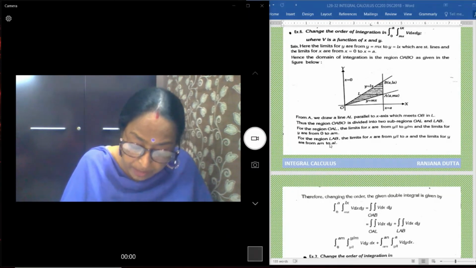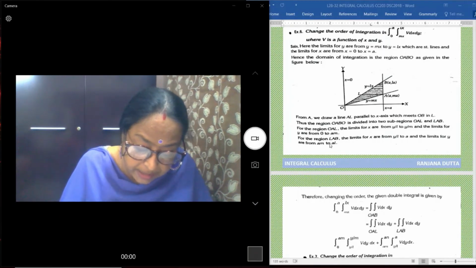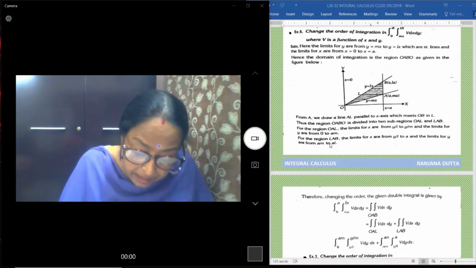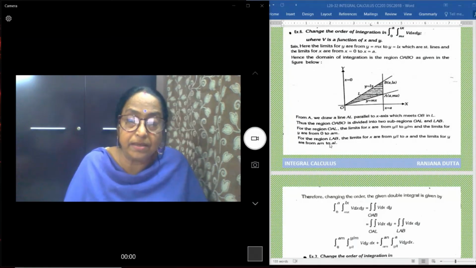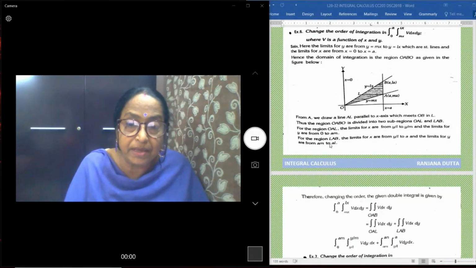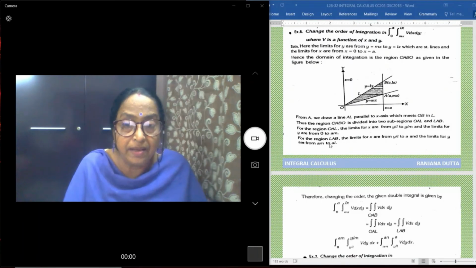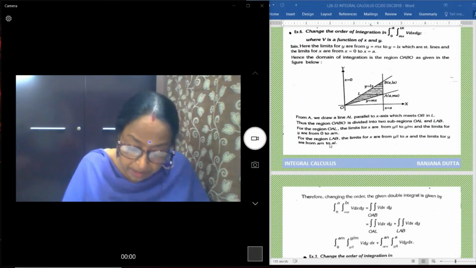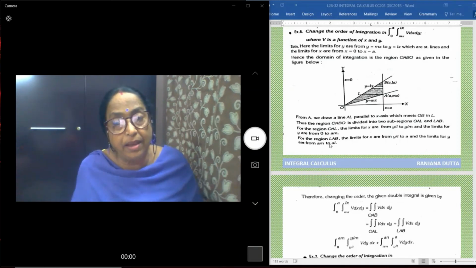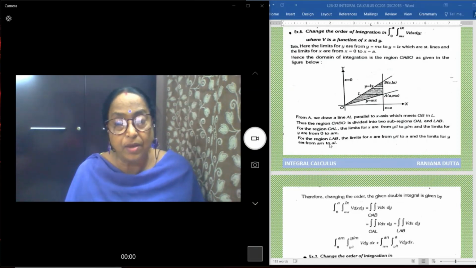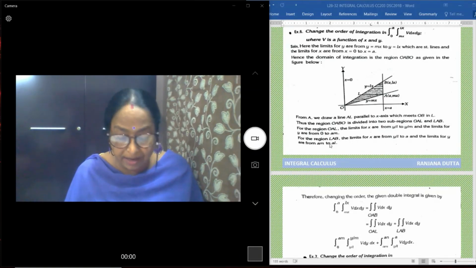So plot two lines, x equal to 0 and x equal to a, and for y, it is y equal to mx and y equal to lx. Mx means y equal to mx plus c form, here c is equal to 0, and y equal to lx. If m and l are different, those will be two different lines.